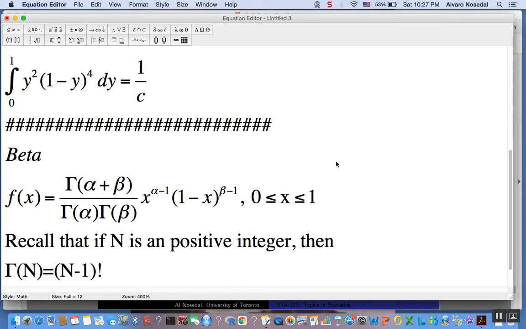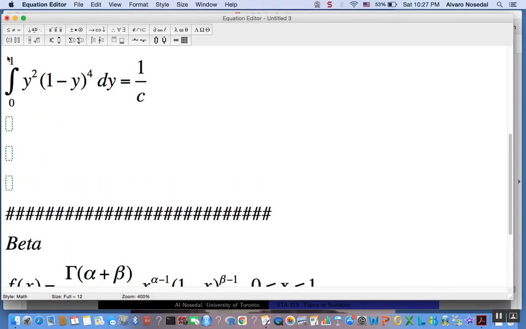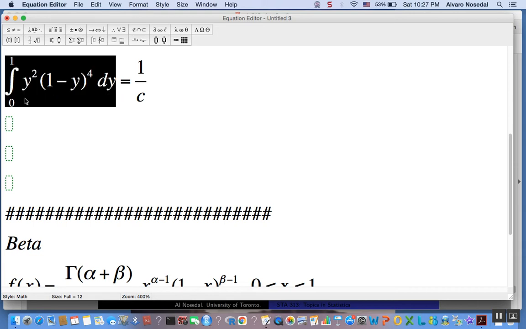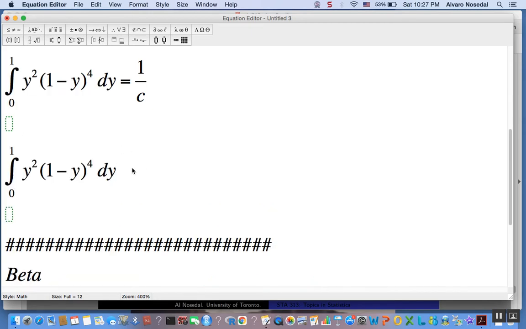So what I want you to see here is that we could take advantage of that to find this integral. Okay? So let's make that integral look like a legit probability distribution, like a beta.